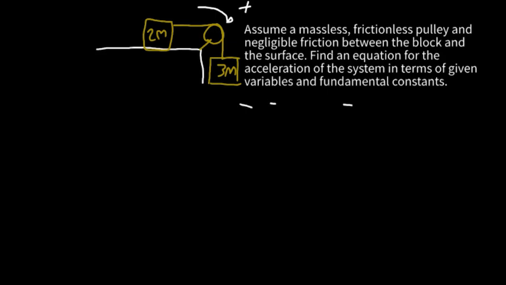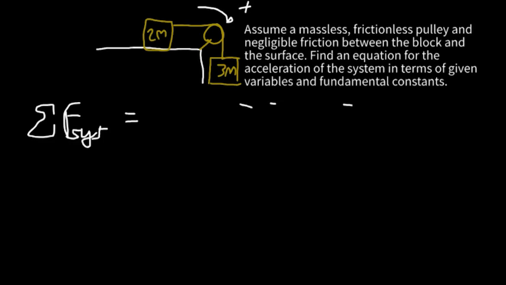So you're going to sum the forces on the system, and this becomes much easier once you start dealing with friction on the surface between the 2m and the table. So what you do is you say, what is making this system accelerate minus what is making the system slow down or inhibiting some acceleration.